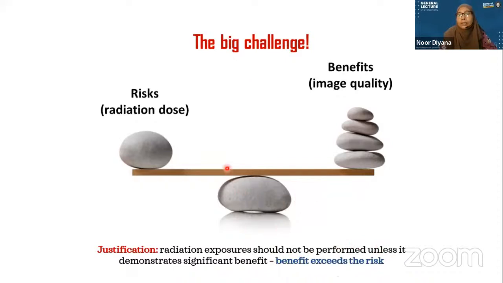Okay, so in dose management in CT, the clinical team must include a radiologist, radiographer, and medical physicist working together as a team. Okay, so the physicist should be the person who consults the radiologist and radiographer, and should bring the awareness that the risk should always be kept as low as possible, using the ALARA concept.